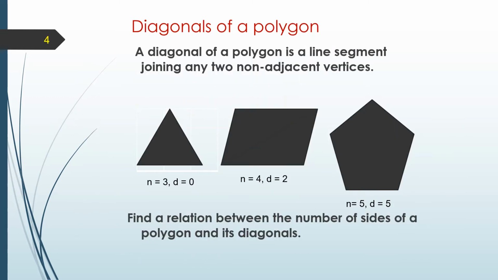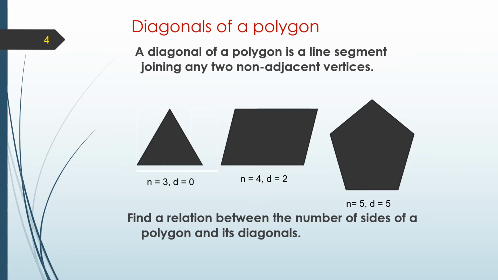Now we can see another investigation, finding the number of diagonals of a polygon. First, a student should know what a diagonal is. It's a line segment joining any 2 non-adjacent vertices.